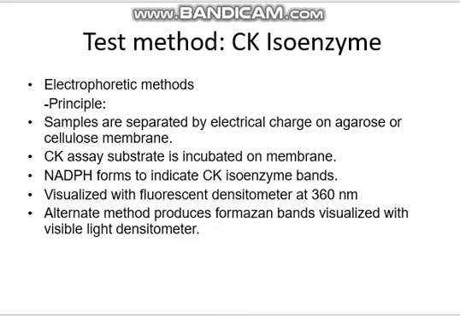Okay, and the medium that we can use is either agarose gel or cellulose acetate membrane. CK assay substrate, which is usually creatine, is incubated on the membrane, and then NADPH will be added, okay, and it will form bands, invisible bands yet.